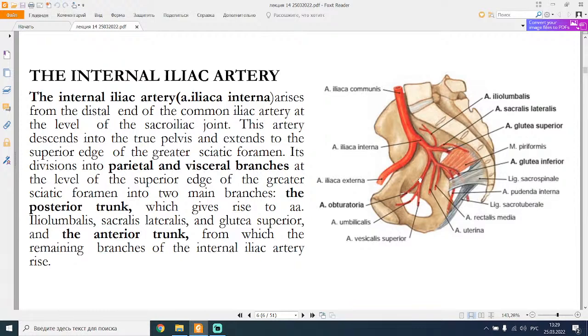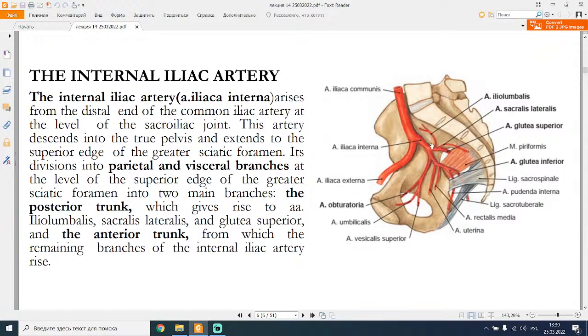There it divides into parietal and visceral branches, into two main branches: the posterior trunk, which gives rise to arteria iliolumbalis, arteria sacralis lateralis, and arteria glutealis superior, and the anterior trunk, from which the remaining branches of the internal iliac artery arise.